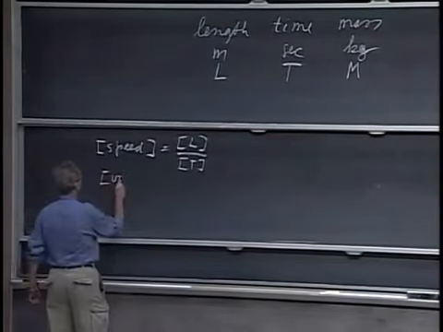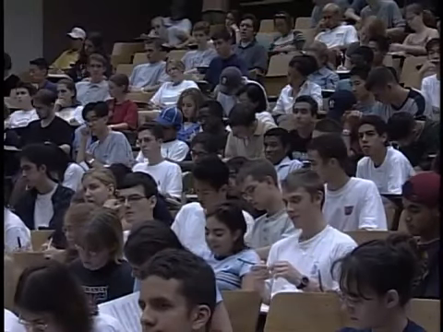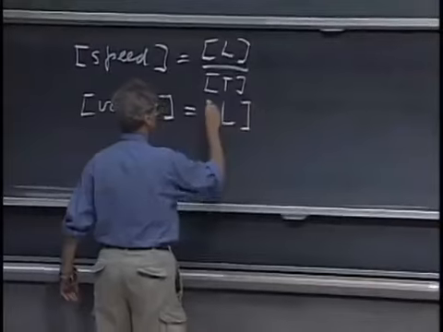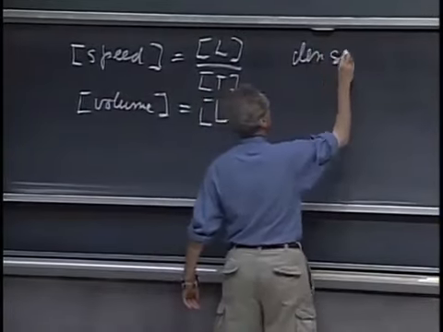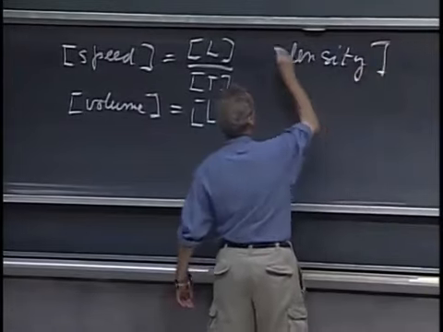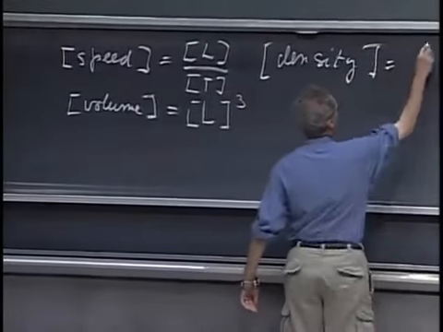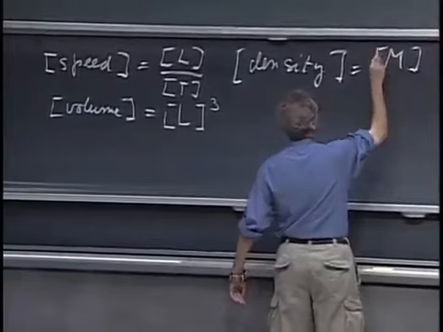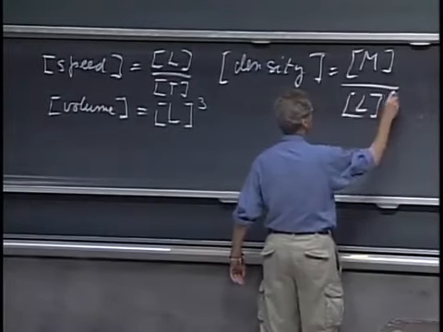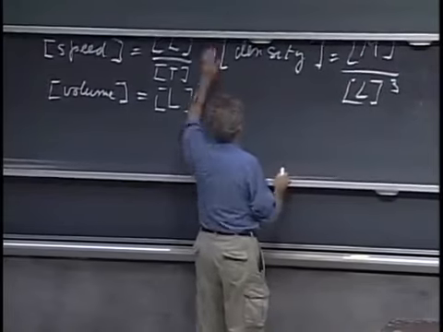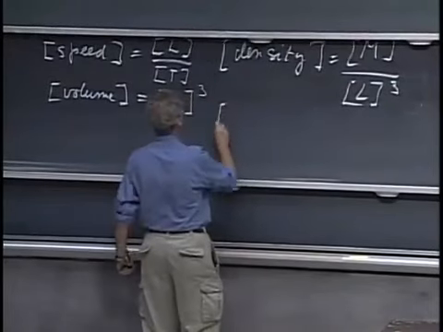Volume would have the dimension of length to the power 3. Density would have the dimension of mass per unit volume, so that means mass divided by length to the power 3. All important in our course is acceleration.